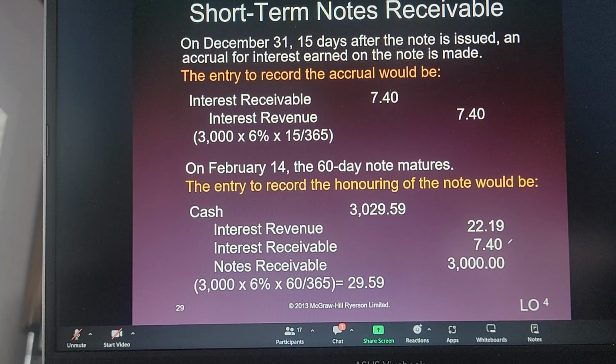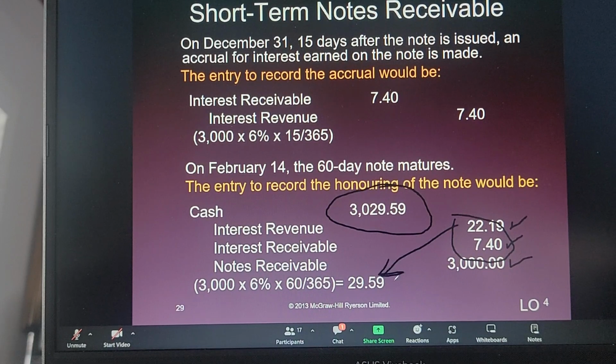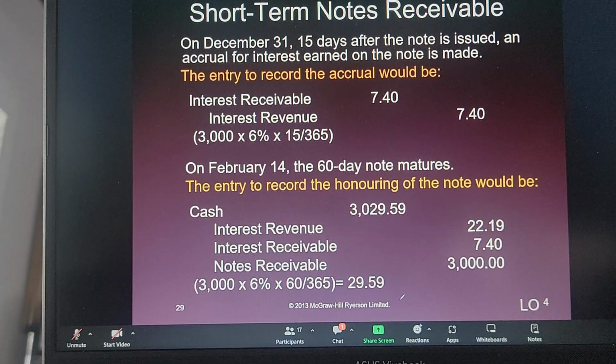So I have interest receivable, I'm getting now. I have interest revenue for these 45 days. I have the principal here, add them all together. This is how much cash I'm receiving from my customer. If you add these two, that's the interest calculated for all 60 days. This is for the 15 days, and this is for the 45 days. Capiche?